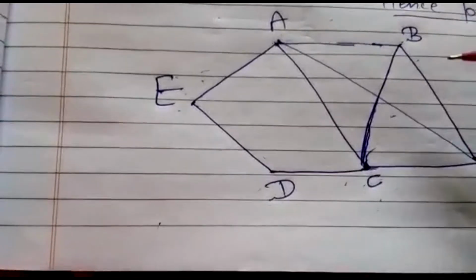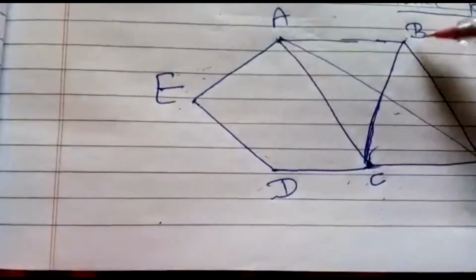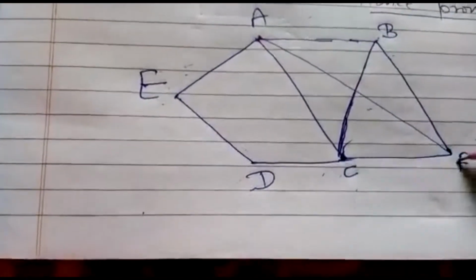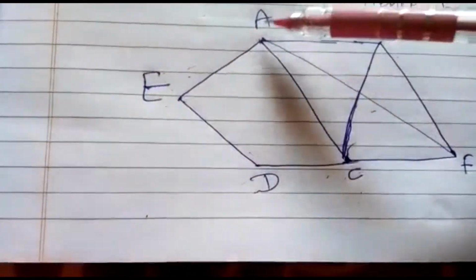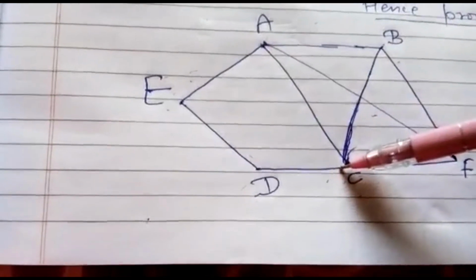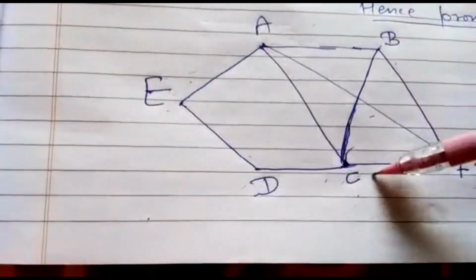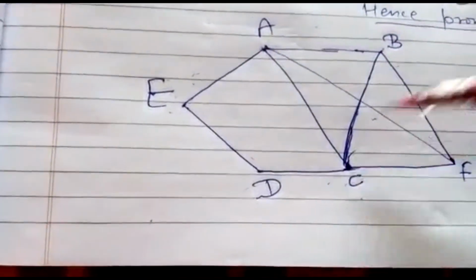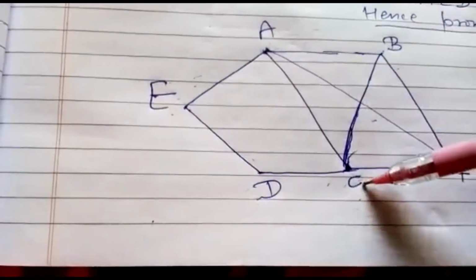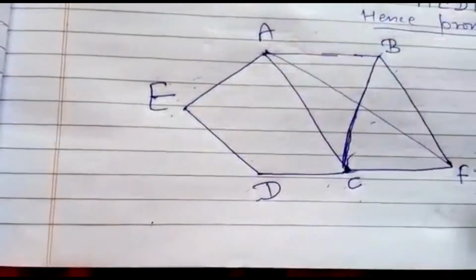So now let's see the first part. We have to prove area of ACB is equal to area of ACF. In both triangles you can see AC is the same base. So in triangles ABC and ACF, AC is the same base, and between the same parallels. If AC is the base, then the parallels will be AC and BF.